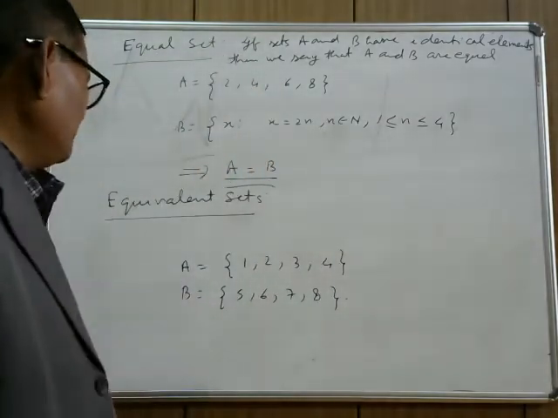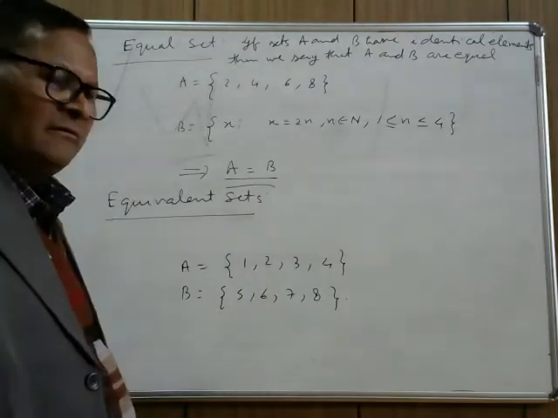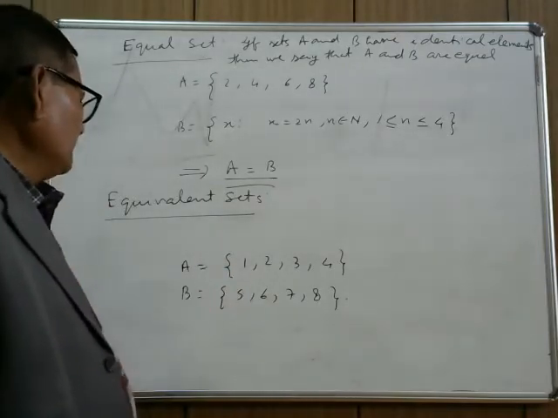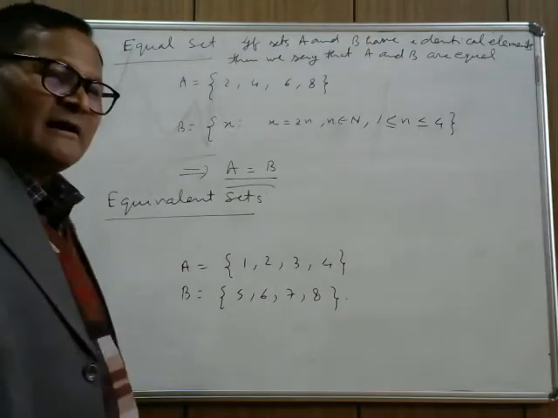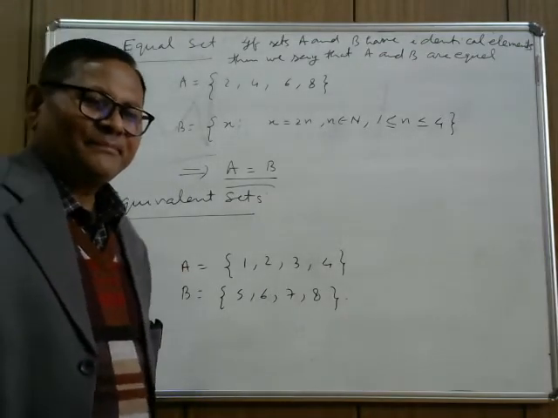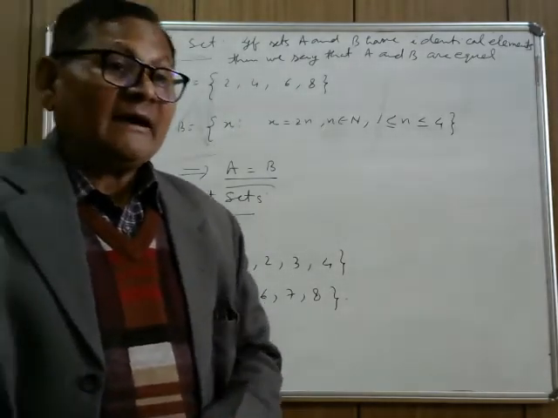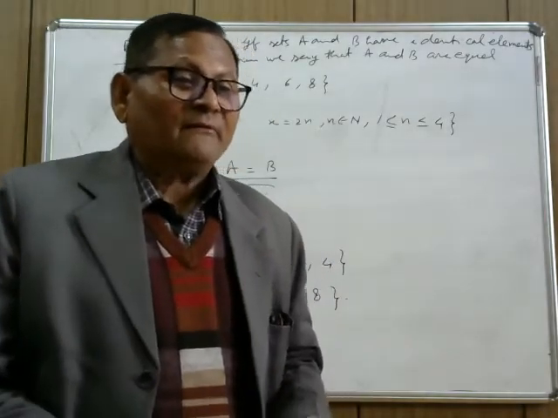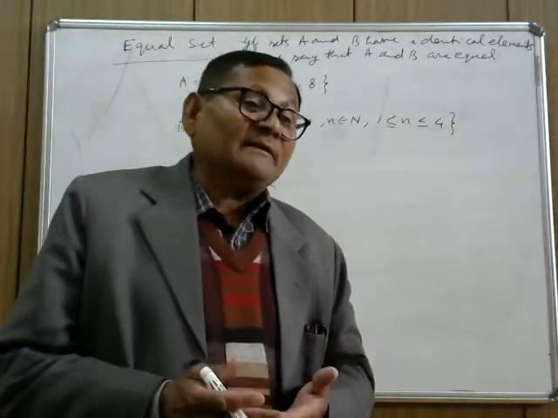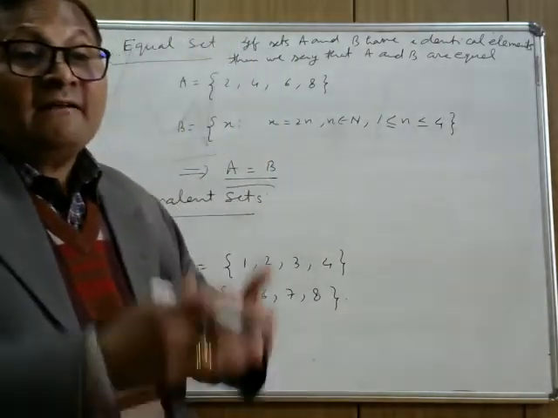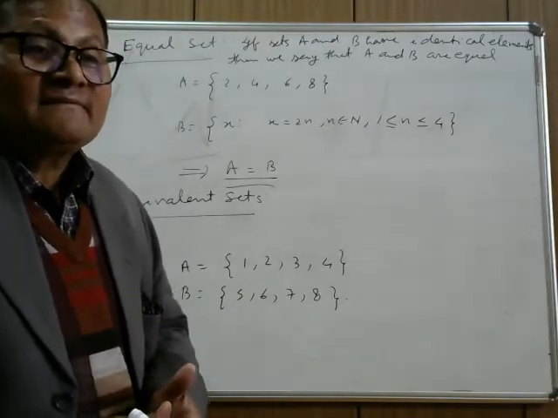Now you tell me, 1 is in A, 1 is not in B. 5 is in B, 5 is not in A. Can I say A and B are equivalent? Equivalent means they have the same number of elements. When two or more sets have the same number of elements, then you say that they are equivalent. That is the definition of equivalent sets.